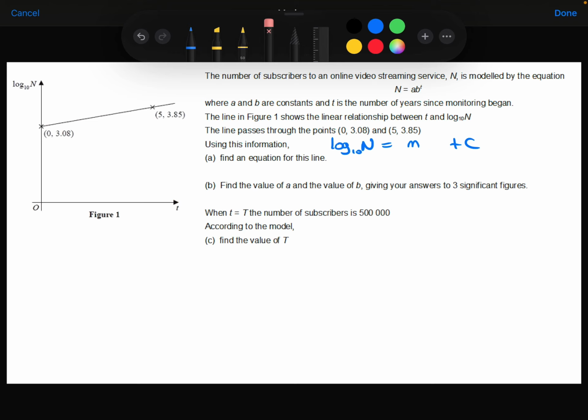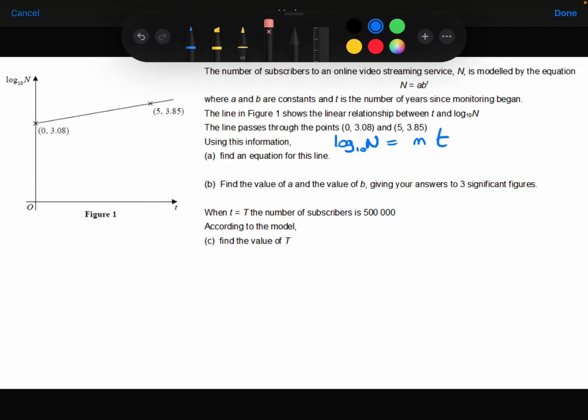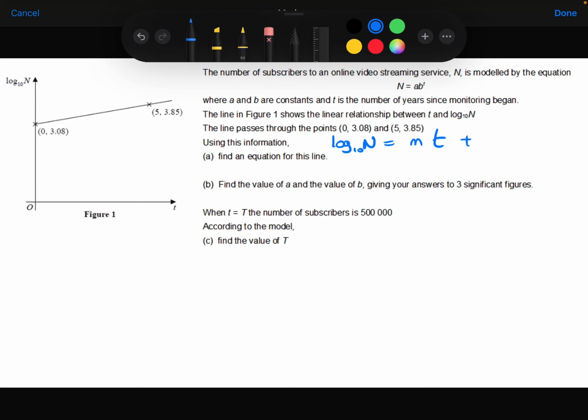So let's replace the x with t. The y-intercept, I can see that is quite clearly 3.08. So I can replace the c with 3.08.